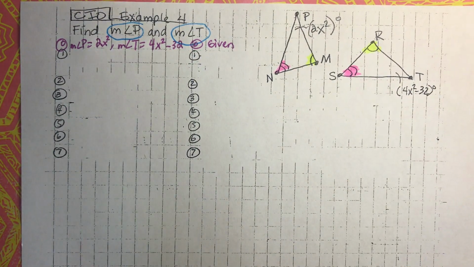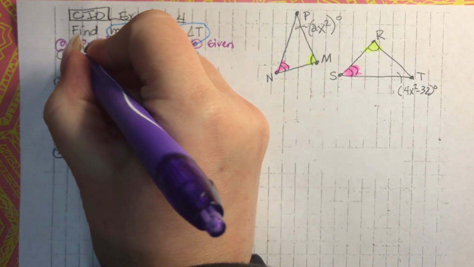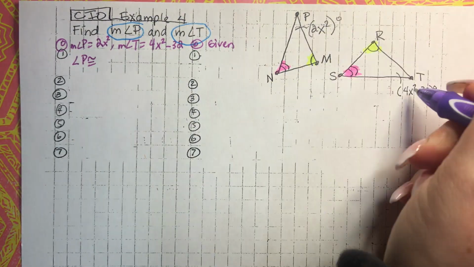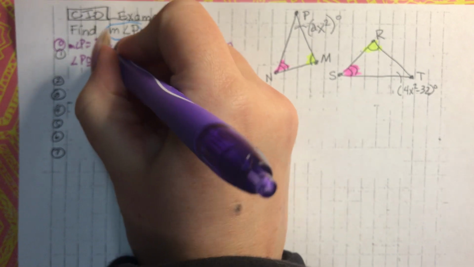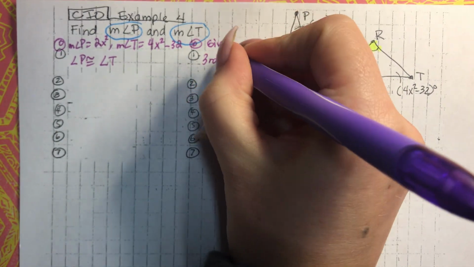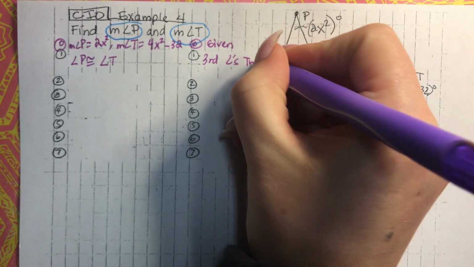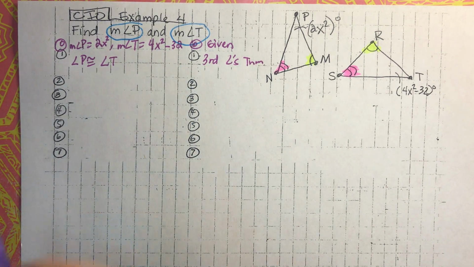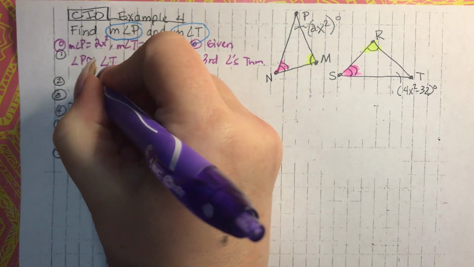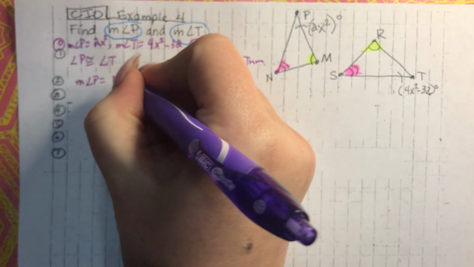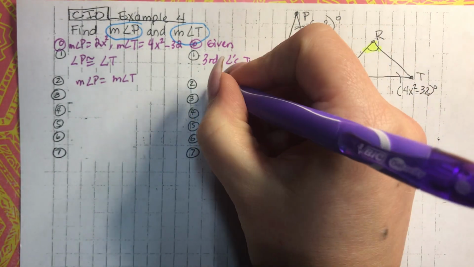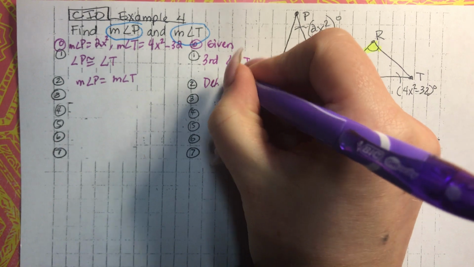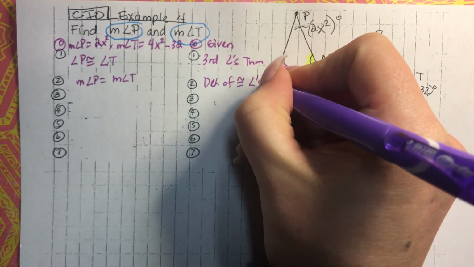So we can say that angle P is congruent to angle T by the third angles theorem. Okay, and then we're just going to substitute those values in, but we have to change the format, right? So we're going to say measure of angle P equals measure of angle T, by definition of congruent angles.